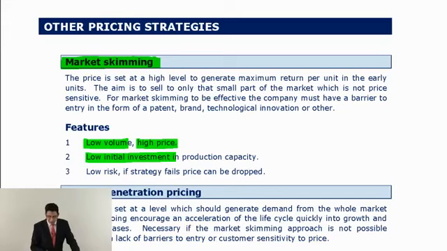It is low risk. If the strategy fails, the price can be dropped as well, but generally they determine the life cycle of the product, so that for a few months the price will be high because they know people will be buying, and afterwards when the trends change slightly, they can drop the price as well. So generally unique products come under market skimming, right?